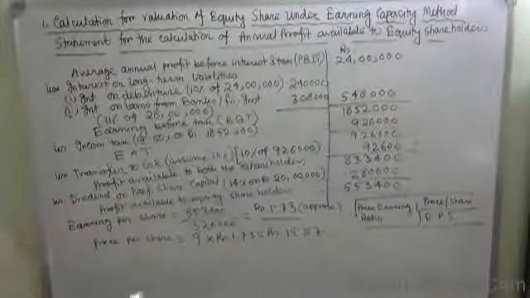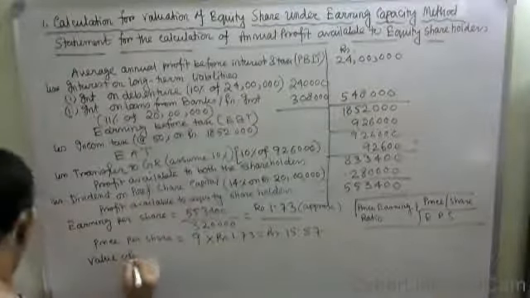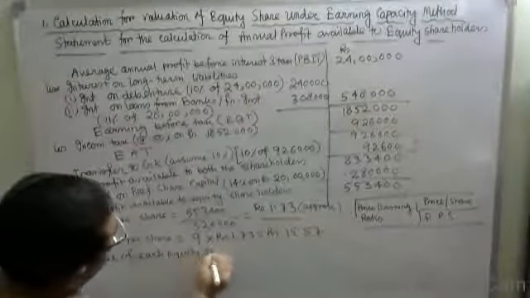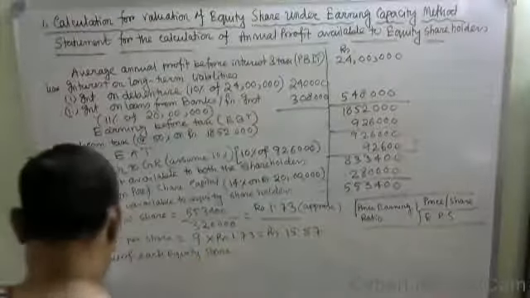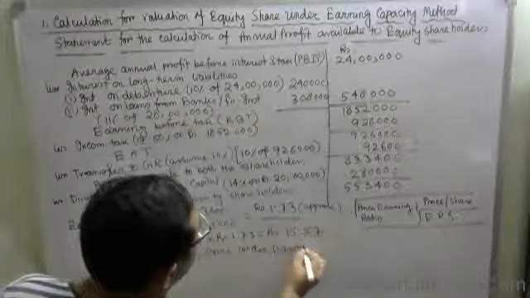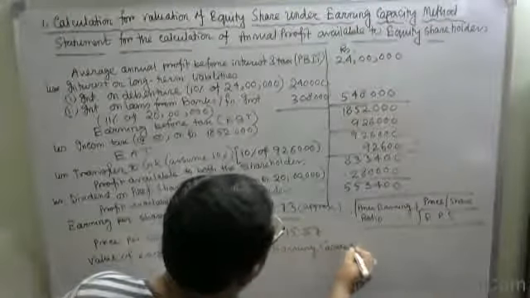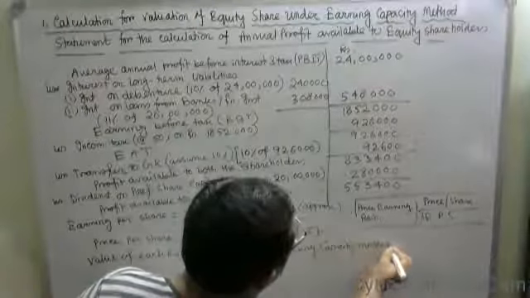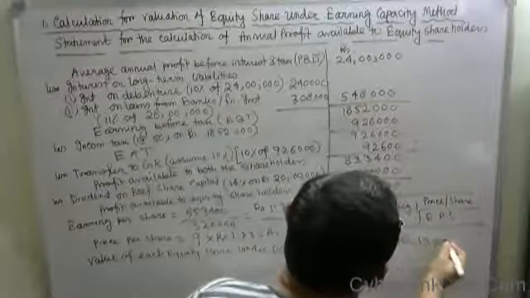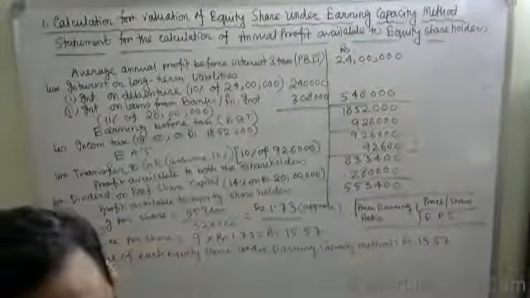So this is the value of each equity share under earning capacity method, equals rupees 15.57.